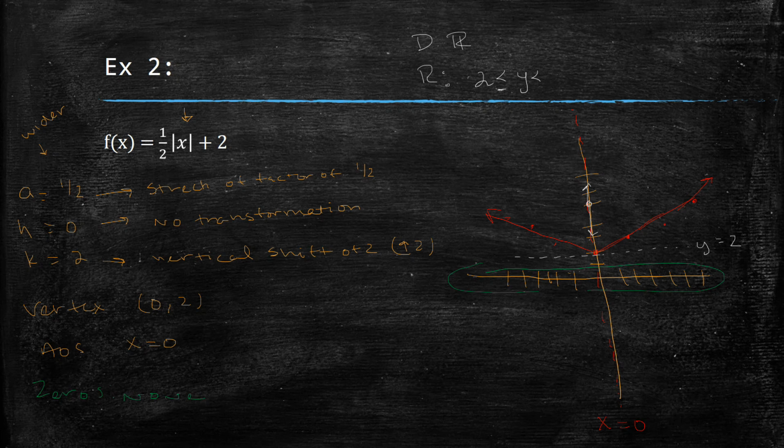And if you work your way up, we see that our arrows continue in the upward direction, in the positive infinity direction here. Okay, so that is our range. Remember, it can be written in interval notation, closed bracket at 2, because it includes that point, to infinity. Or you could write y is greater than or equal to 2.